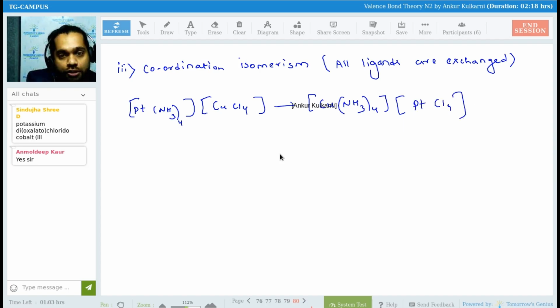Are you getting it? Such isomerism where all of the ligands are exchanged, we call it coordination isomerism. I hope it is clear. Yes or no? Jason, is it clear? Come on, write down the example and say done in the chat box.